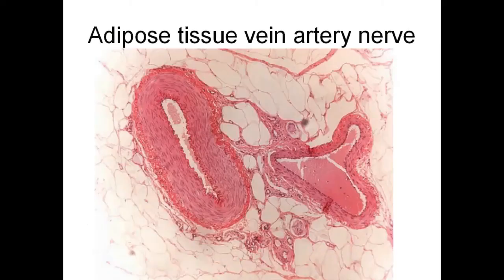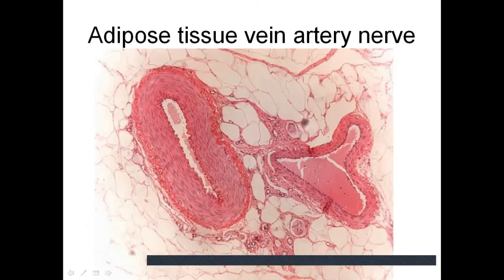I think this is the slide that I wanted to show you earlier. You've got a vein here on the right and an artery on the left. The artery with a thick media, the vein much thinner media here.